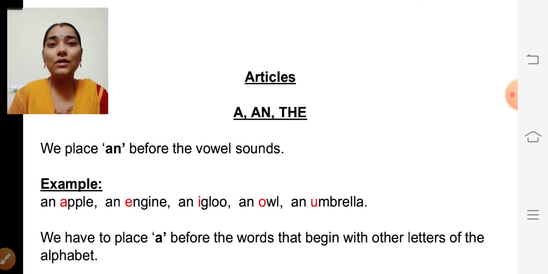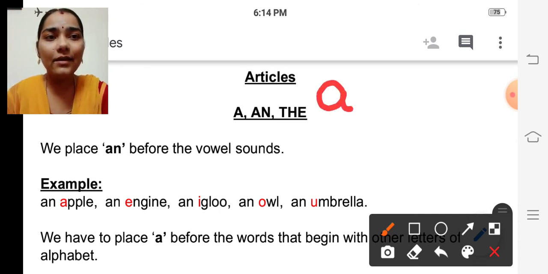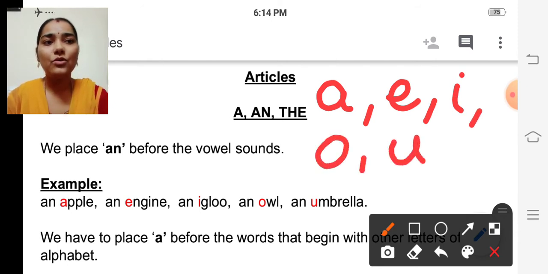What are the vowels in the English alphabet? There are 5 vowels: A, E, I, O, U.